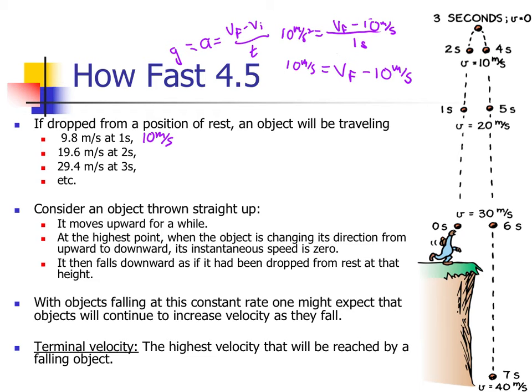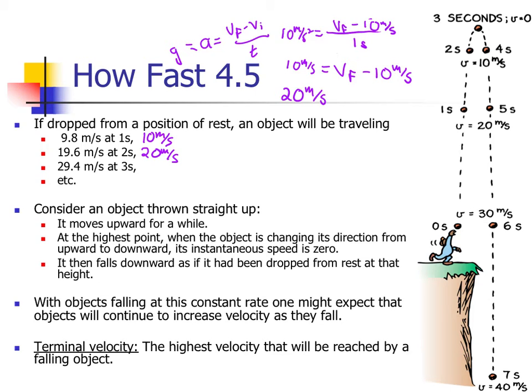Now, to get v sub f by itself, I need to add 10 meters per second to both sides to give me 20 meters per second, which would be the velocity when time is equal to 2 seconds, because it is 1 second different than the previous time.